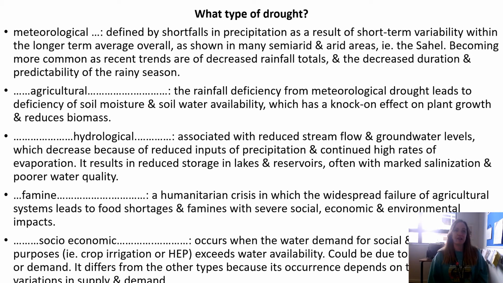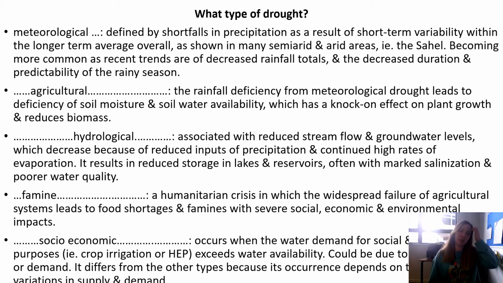Hydrological drought is where the water levels of the rivers actually start decreasing. So where you're measuring river regimes, like we learned last week, and you actually see a decline in the discharge in the rivers. Where there's continual reduced precipitation and higher evaporation, there'll be reduced storage in lakes and rivers, and in some places there'll be more salinisation, so more salt water intrusion, which reduces the fresh water available in that cycle.